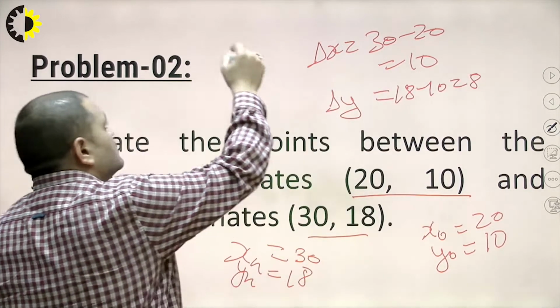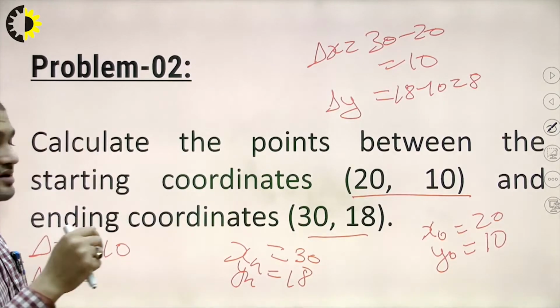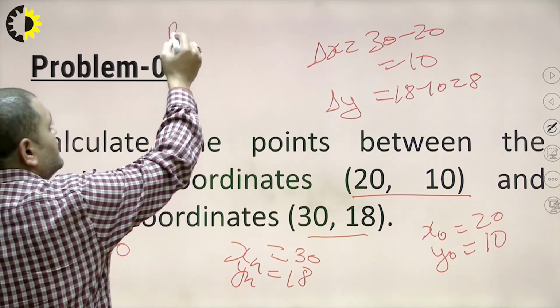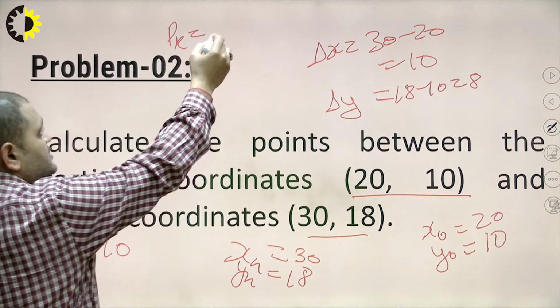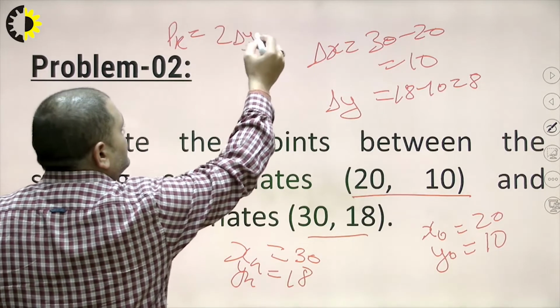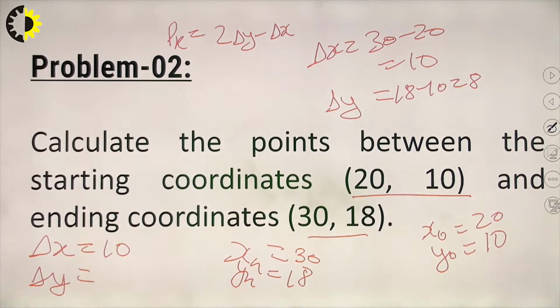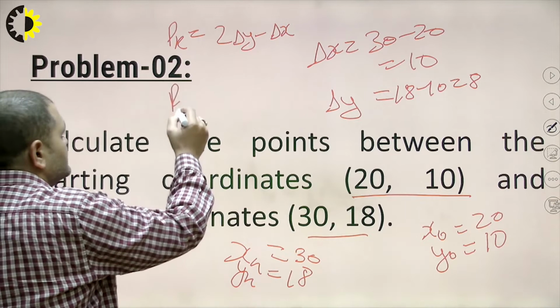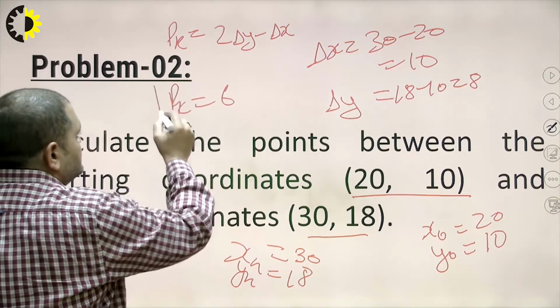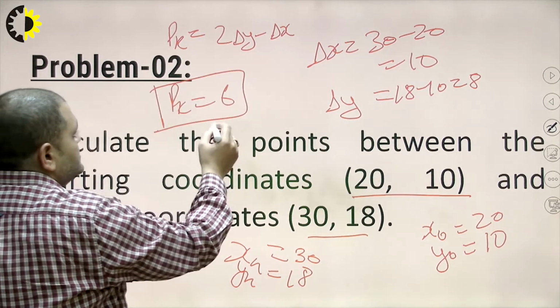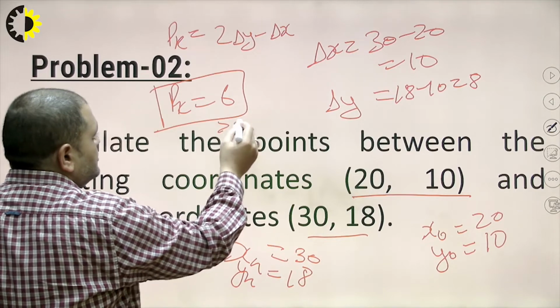So we can calculate the value of the decision parameter pk. The starting decision parameter is 2 del y minus del x. So from here, 16 minus 10, that is pk equals 6.